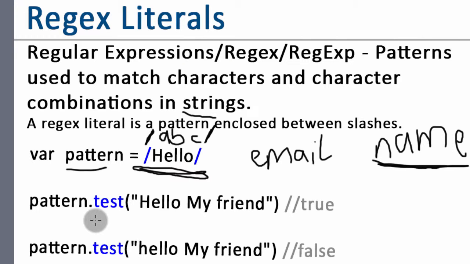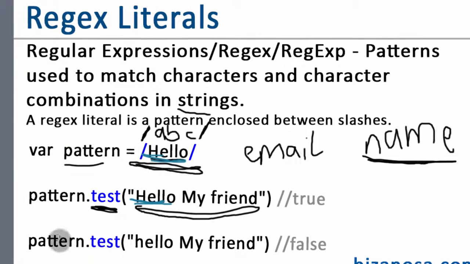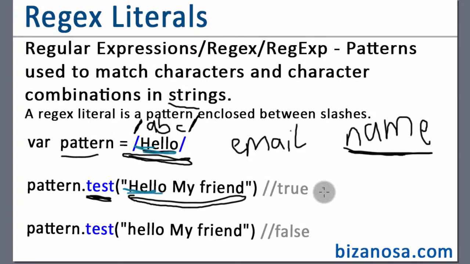So we're going to test pattern.test in this statement. Do we have the word hello? Yes, if you look at this, the word hello is here. So this one will return true. .test will return a Boolean value.